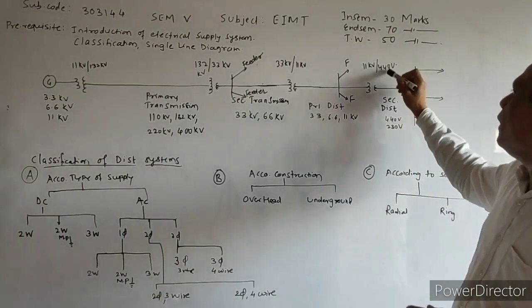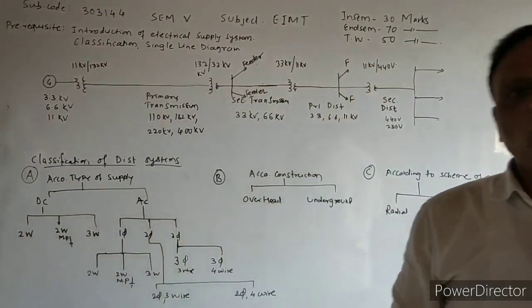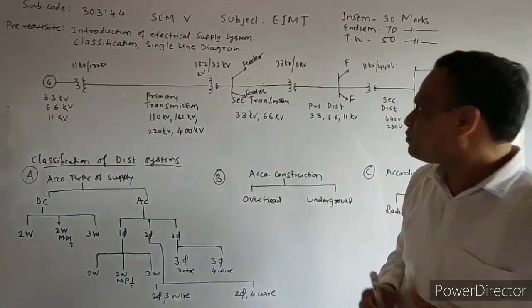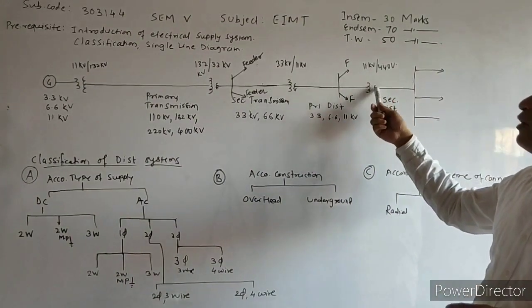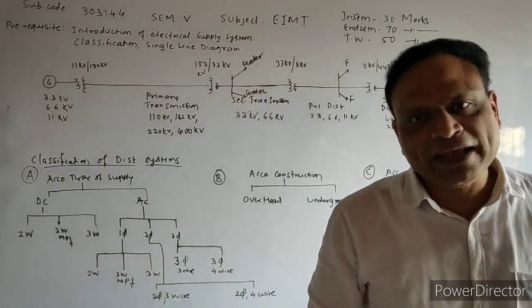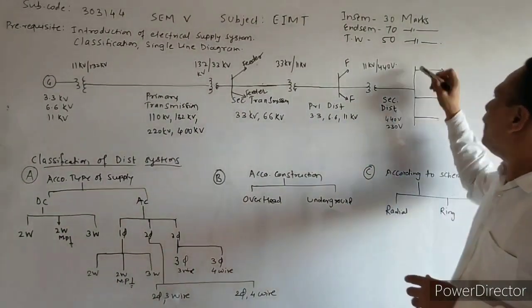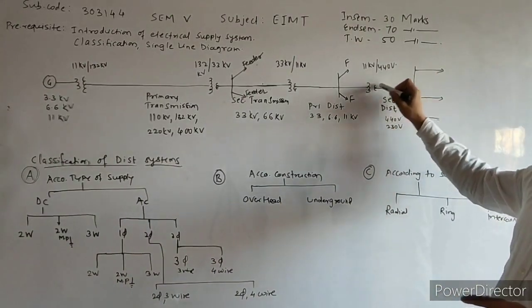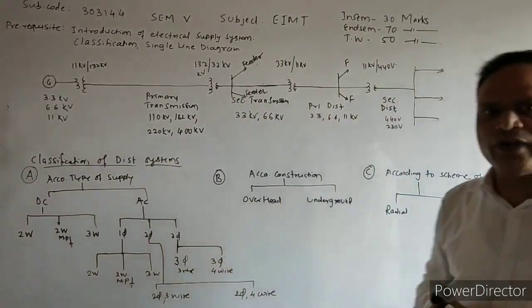So it is the system, or the transformer is delta star transformer. Secondary winding of this transformer is star, hence we will get the neutral. So this outgoing of this transformer will be 440 volts.